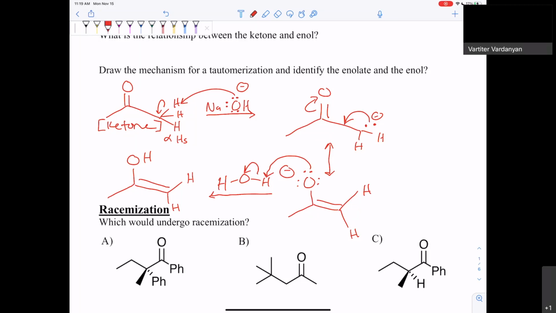Okay. So we have the ketone name, that should be fine. But we have to name the intermediate and the final product. So the intermediate is called an enolate.